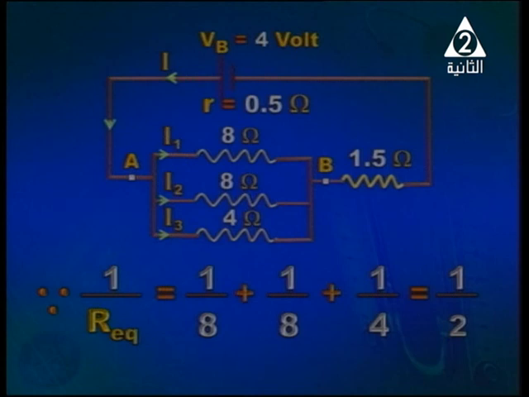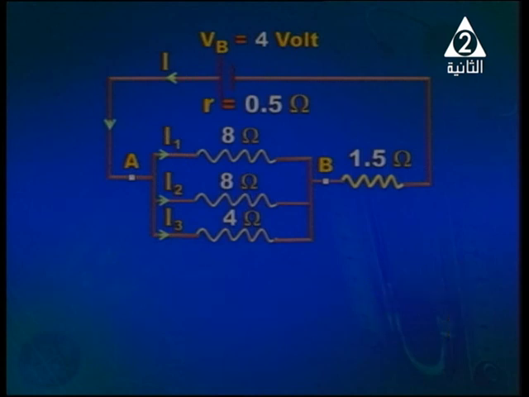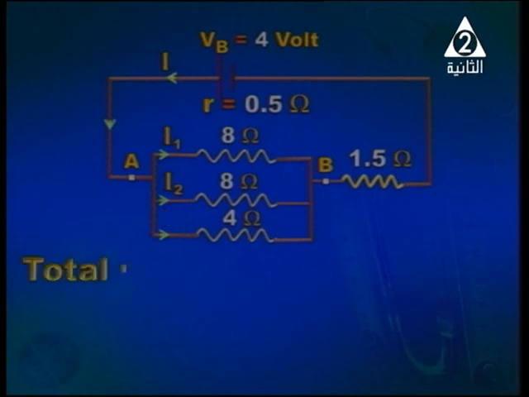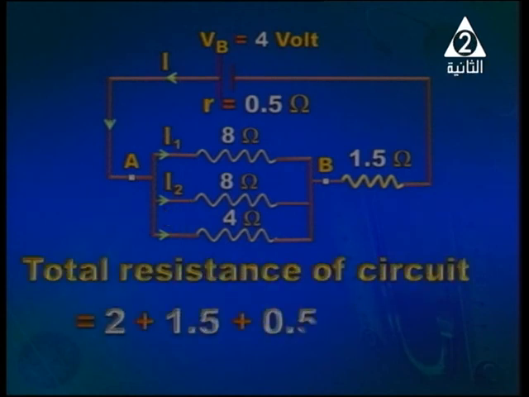So R equivalent is 2 ohm. So R equivalent of the resistors 8, 8 and 4 is equal to 2 ohm. 2 ohm is connected in series to 1.5 and to 0.5 internal resistance. So total resistance of the circuit is 2 plus 1.5 plus 0.5, so it is 4 ohm.